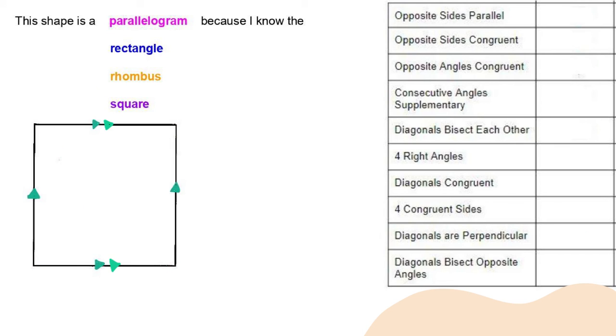When I'm looking at this example, I see that I have arrows, and remember, whenever I see arrows on my pictures of quadrilaterals, that means I'm dealing with things that are parallel. And the only property that I have that says anything about parallel is that my opposite sides are parallel. And I do see that. The sides that don't touch are parallel to each other.